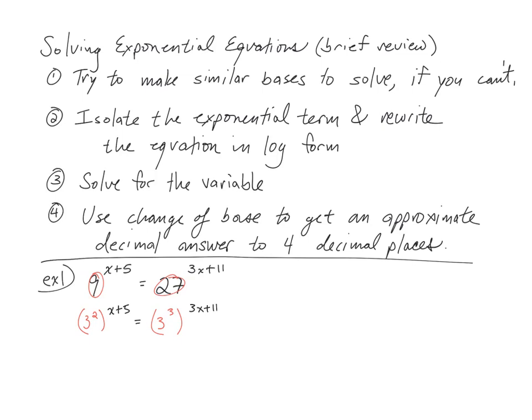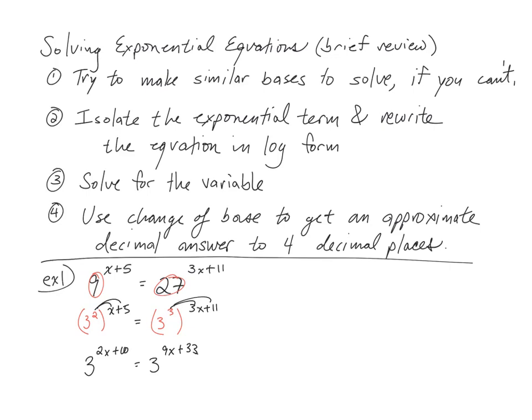From here, we can distribute the exponents. So 2 would get multiplied to the x plus 5, 3 would get multiplied to the 3x minus 11, and we would end up with an equation that looks something like this. 3 to the 2x plus 10 equals 3 to the 9x minus 33. Awesome. All right.